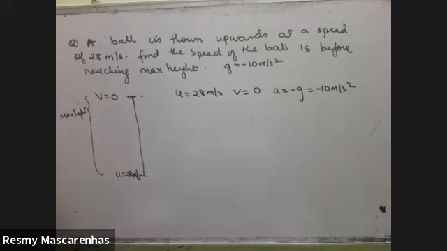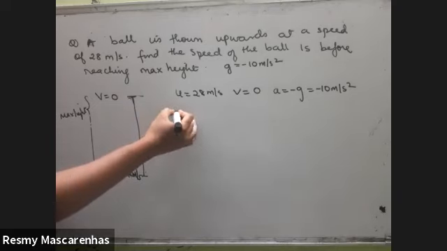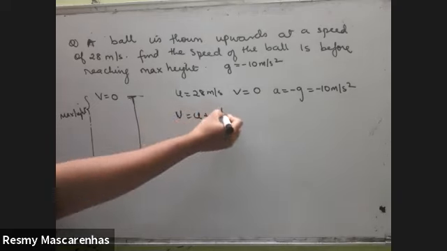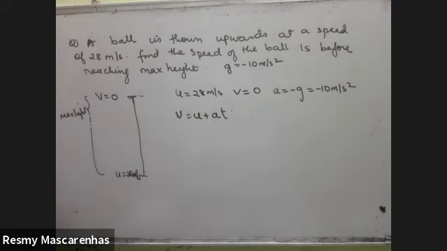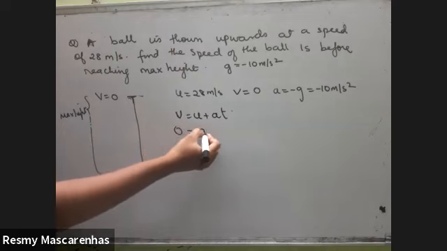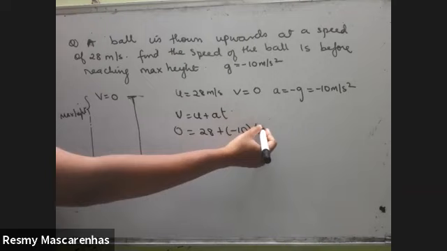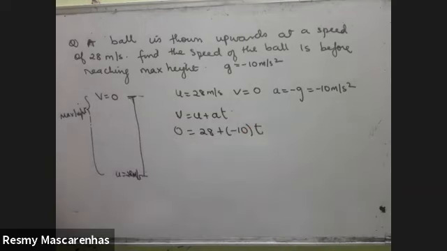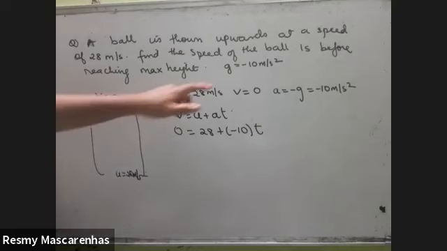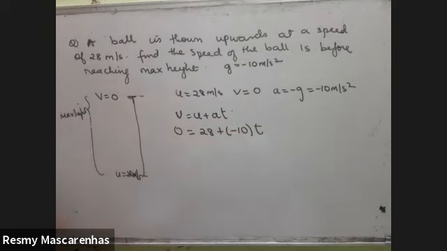Now calculate the time taken to reach the maximum height. So obviously you know that V is equal to U plus AT. This is 0, this is 28, and we don't know the time. If not given, you can put it as 9.8 also, no issues.